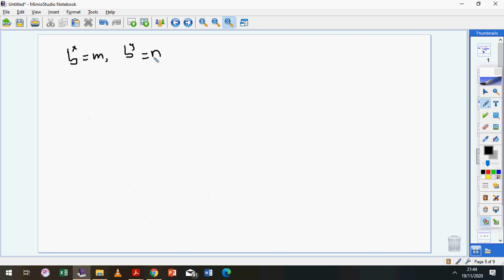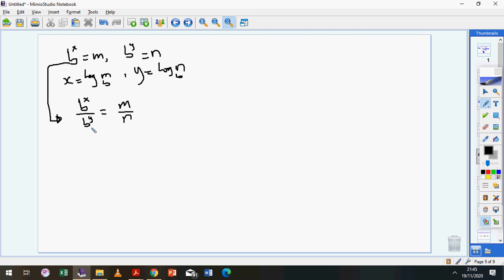And as logarithms, this is the same thing as x equals logarithm of m to the base b, and y is equal to logarithm base b of n, right? So then I'm going to use these two values, and instead of multiplying them, since I want to get a quotient, I will divide them. I'll divide b to the power x divided by b to the power y, and that's going to be equal to m divided by n.